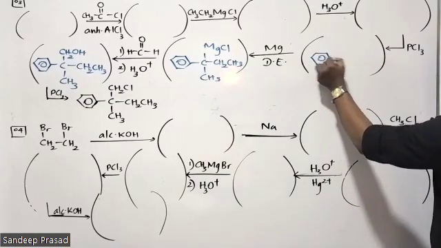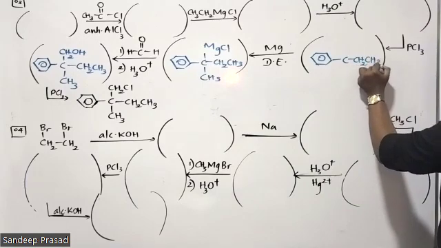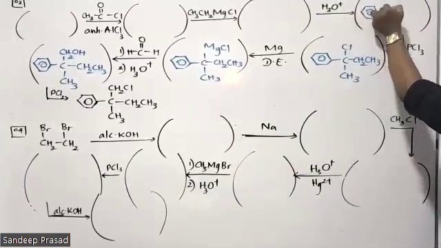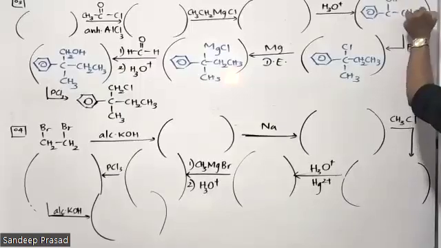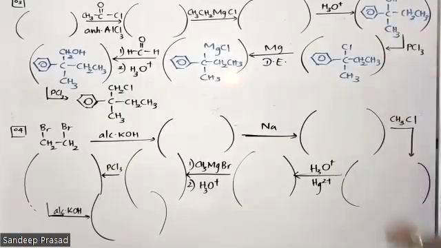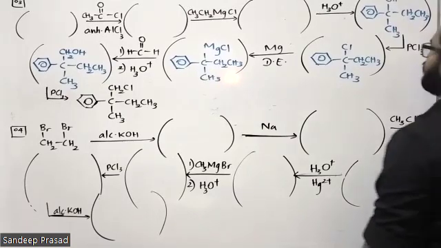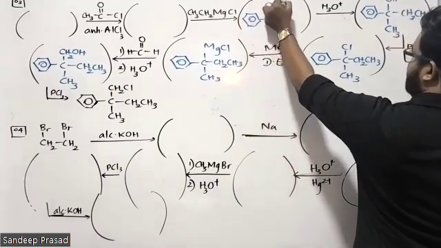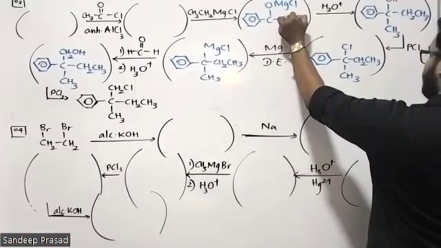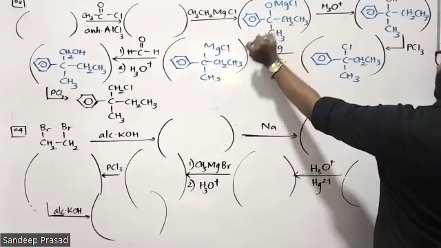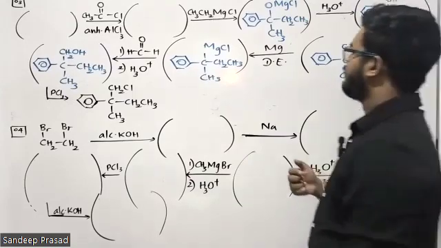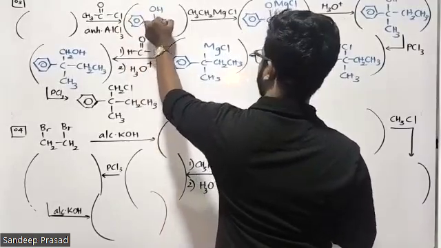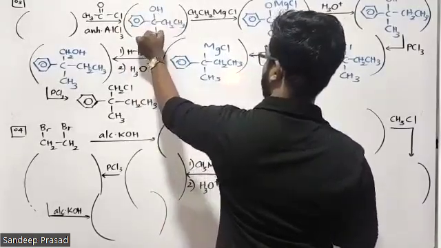Before that, we had an alkyl halide, CH2CH3, CH3Cl. Look at this one. Here we have OMgCl, CH2CH3, and CH3.